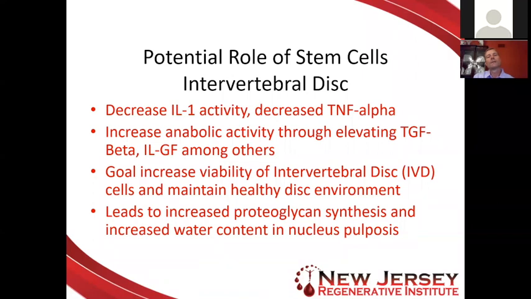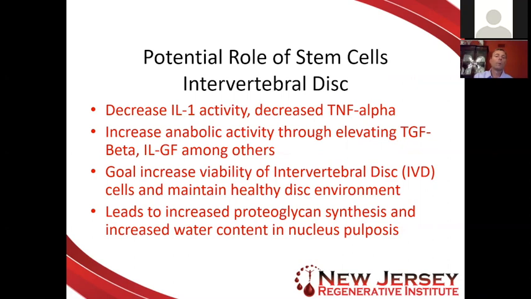We also have decreased activity if you put stem cells in around. There's a decrease in what's called tumor necrosis factor alpha, which is also a stimulator of inflammation and pain. We also note that there's increased anabolic activity through transforming growth factor beta and also interleukin growth factors, among several others that are really too long to discuss.